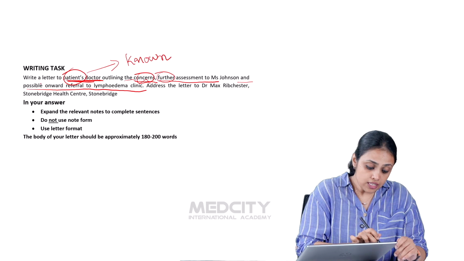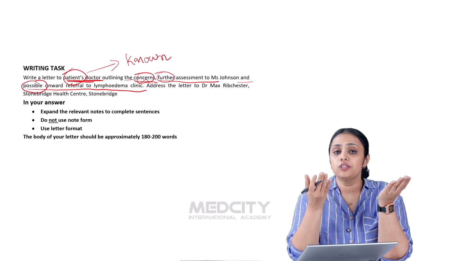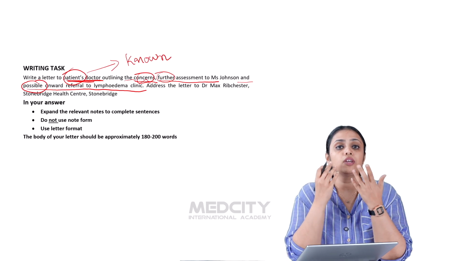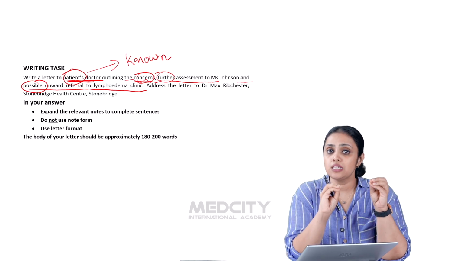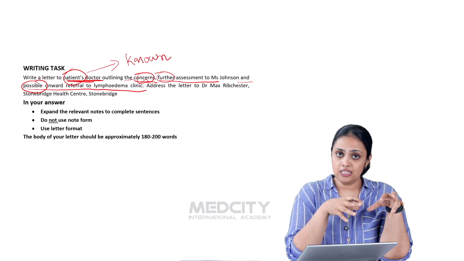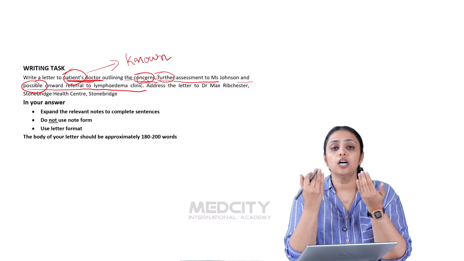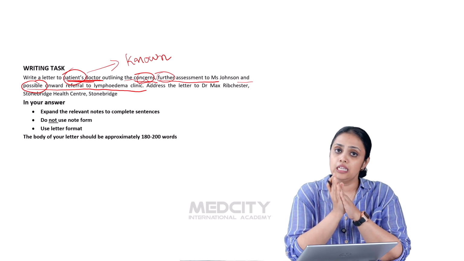And possible onward referral to lymphedema clinic. From the first line itself, we understood that the writer is a nurse who is visiting a patient who has chronic lymphedema. Now the writing task says that you are requesting the doctor to see whether an onward referral to a lymphedema clinic is needed or not.